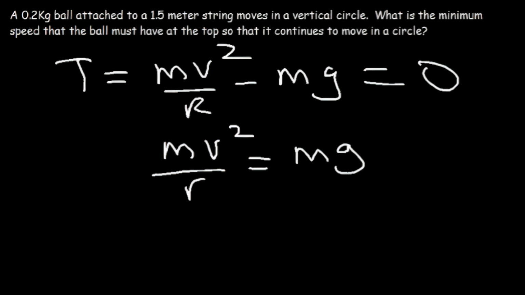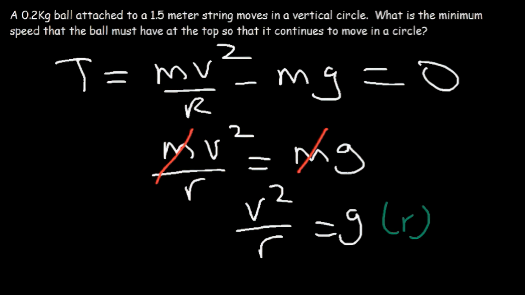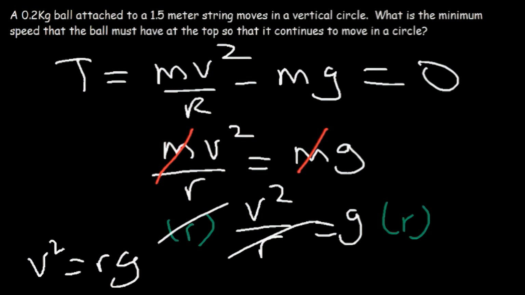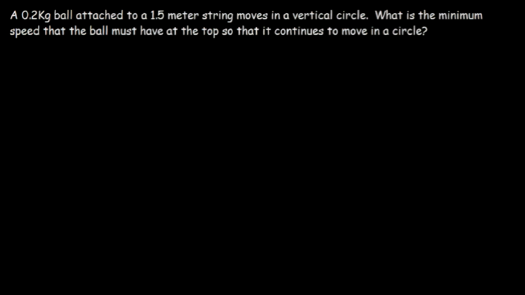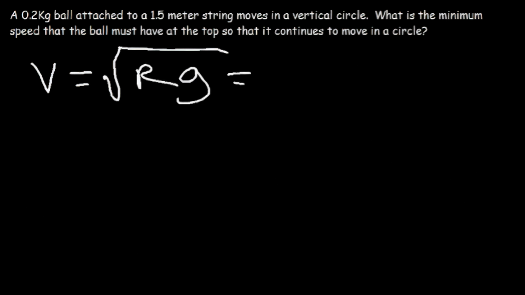Now we don't need the mass, so we can divide by m. So v squared over r is equal to g. And if we multiply both sides by r, we'll see that v squared is equal to rg. So therefore, the minimum speed that the ball requires so that it continues to move in a circle at the top is the square root of the radius times the gravitational acceleration.